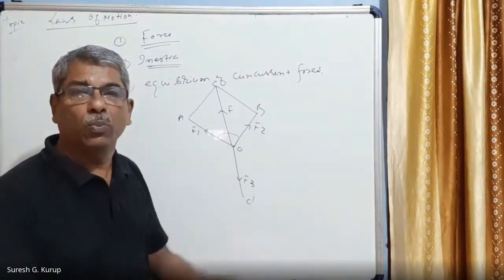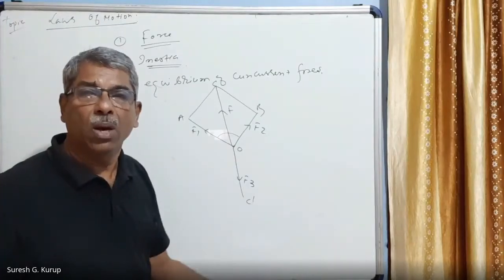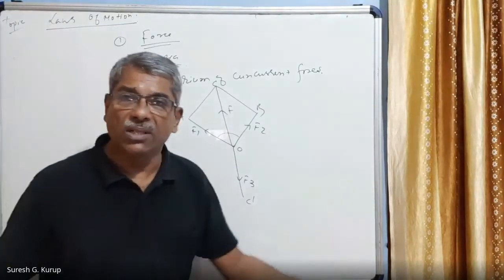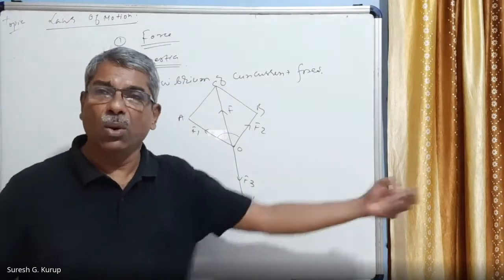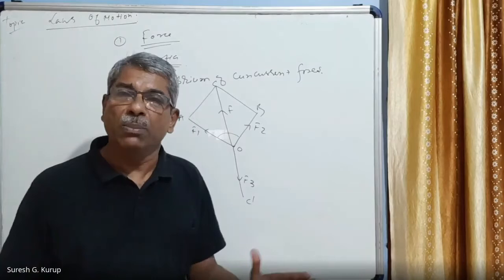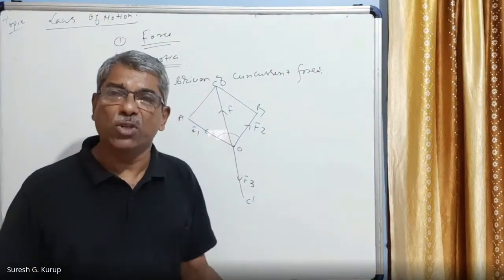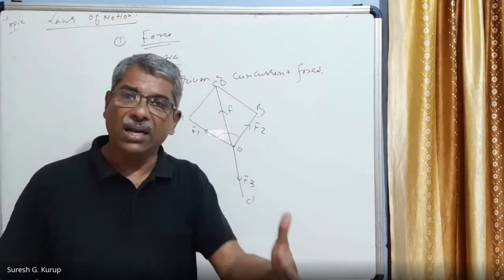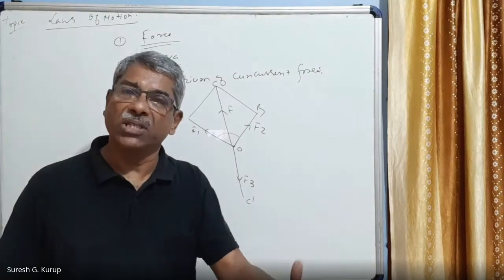Just like two groups are pulling a rope standing at two sides, right? One is pulling on that side, the other pulling on this side. If both are of the same ability, the same force both are applying, then the mark point will remain at the same position. So that means balance.